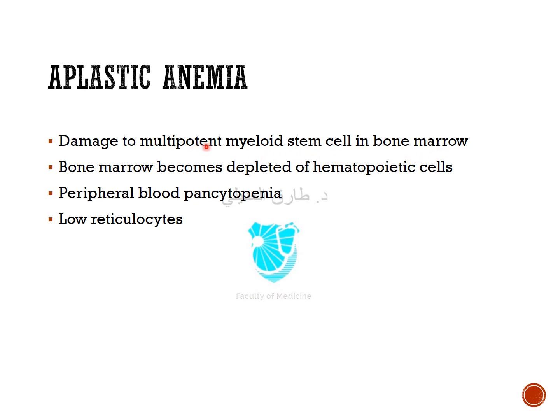Multipotent means the three cell lines, the myeloid, erythroid, and megakaryocytes, are all absent, in contrast to the lymphoid, because the lymphoid cells come from a different stem cell. So the bone marrow becomes depleted of hematopoietic cells, and what remains is the fat.